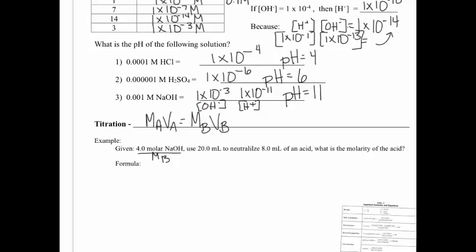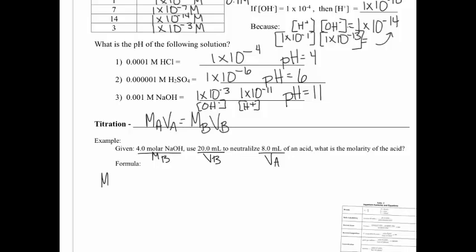And we're going to use 20 milliliters of that, that's the volume of the base, to neutralize 8 milliliters of the acid. So essentially, they've added 20 milliliters of a 4 molar NaOH solution to 8 milliliters that they measured of the acid and found the neutralization point. So we're going to use this equation now, MAVA is equal to MBVB, to figure out the molarity of the acid.